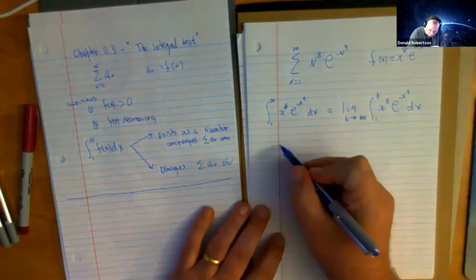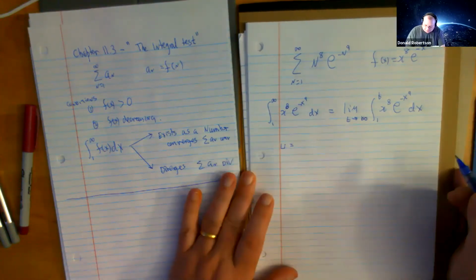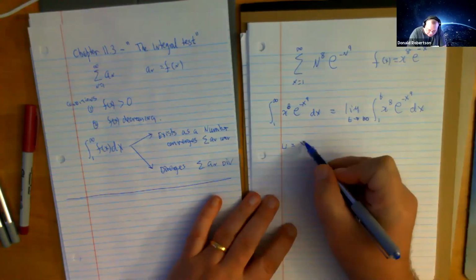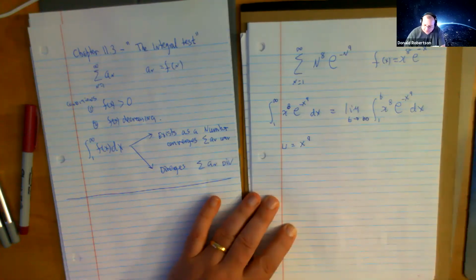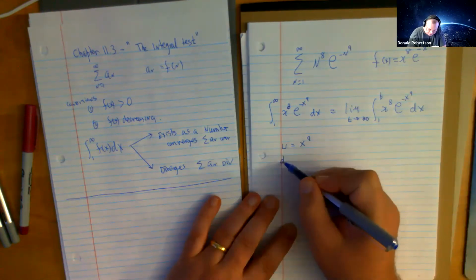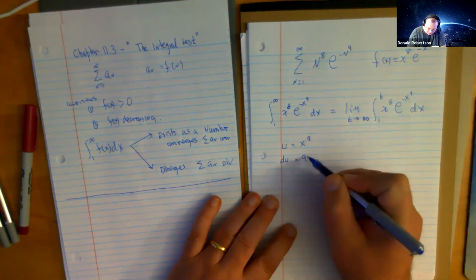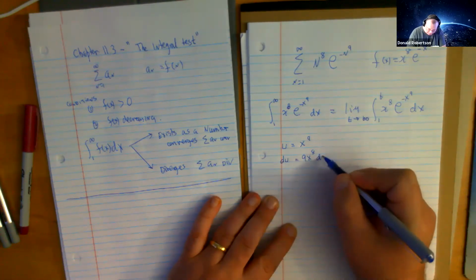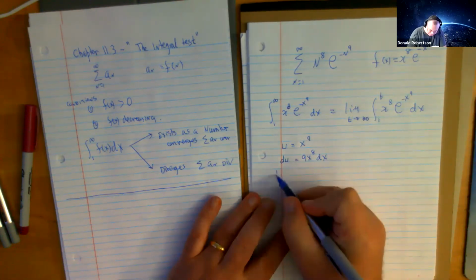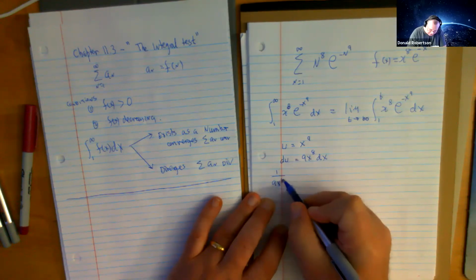If you do a u sub of, well, let's just call it x to the 9, then du is 9x to the 8 dx. Du by dx, you get that guy. Then you get this guy.